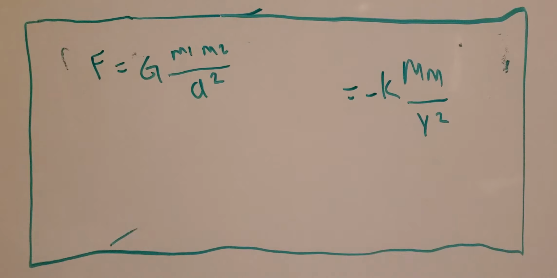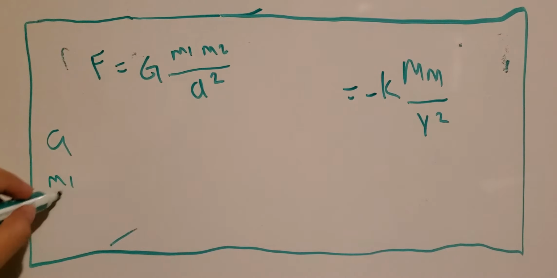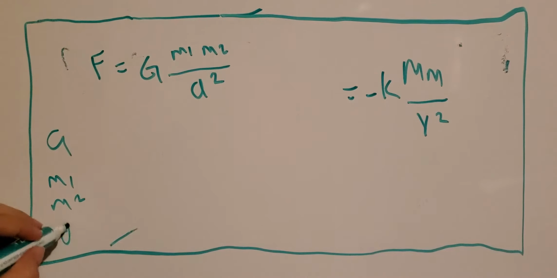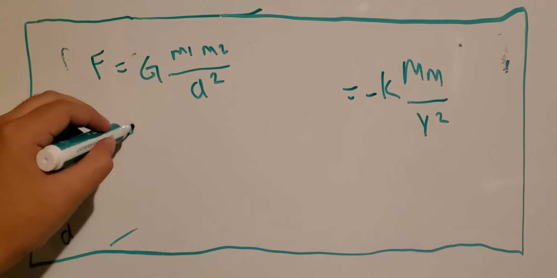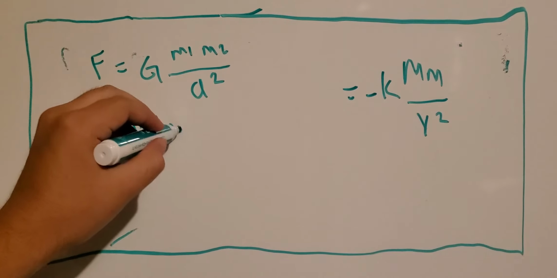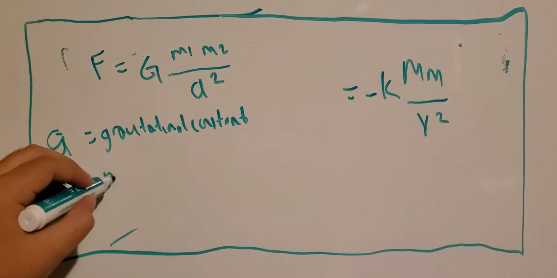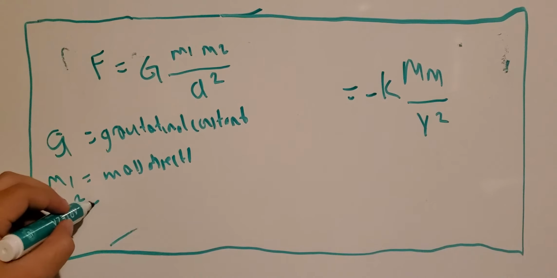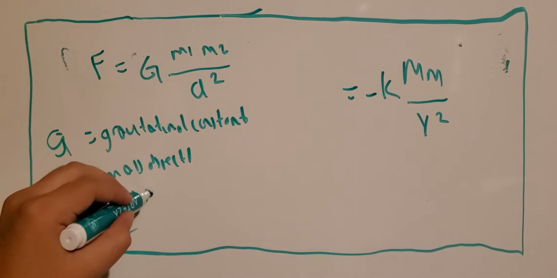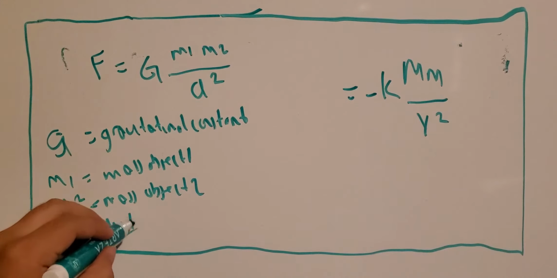So it might look very different, but they're actually very similar, and we'll explain why. So this G is gravitational constant. M1 is mass of object 1. M2 is mass of object 2. And D is distance.